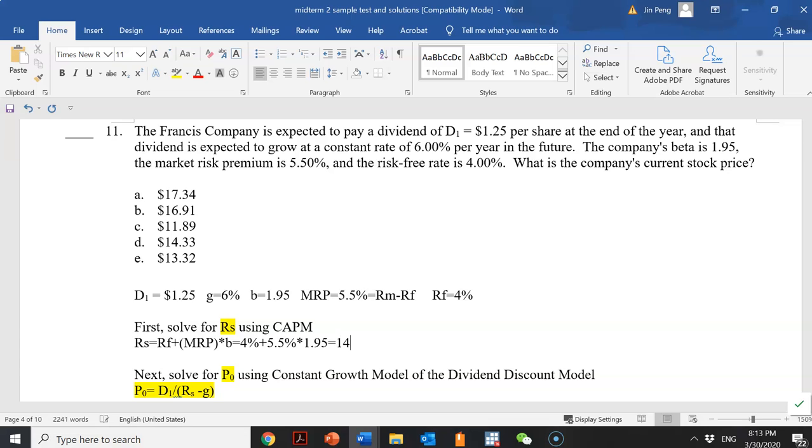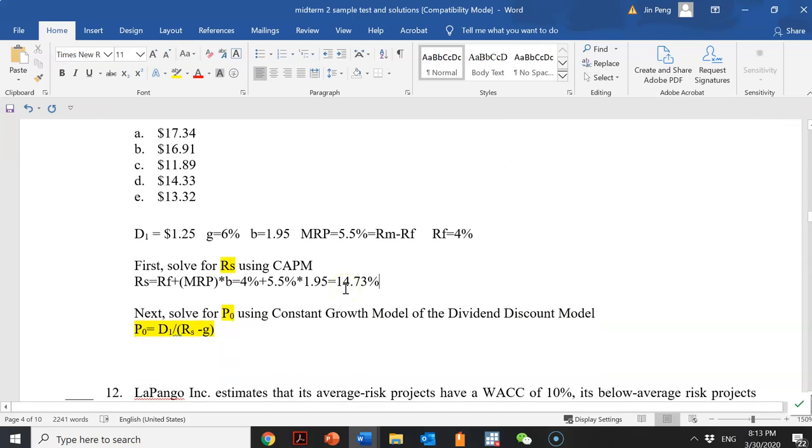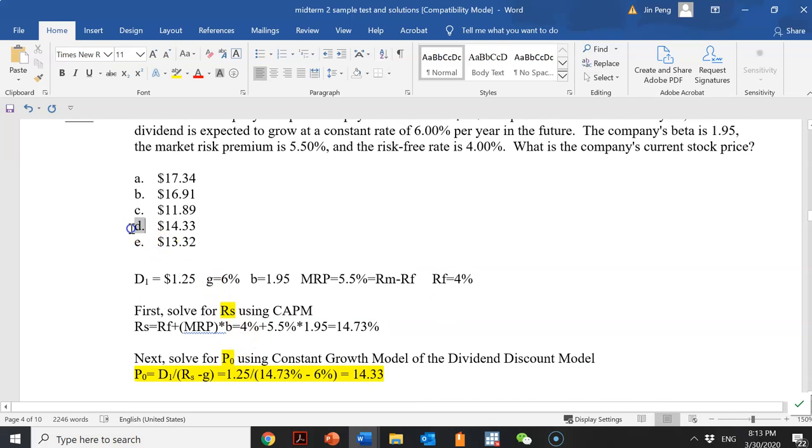So we have 14.73% as our required rate of return. For the next step, we can just use D1, 1.25, divided by RS, 14.73%, minus G, which is 6%. This way we have 14.33 as our final answer. So the right option is D.